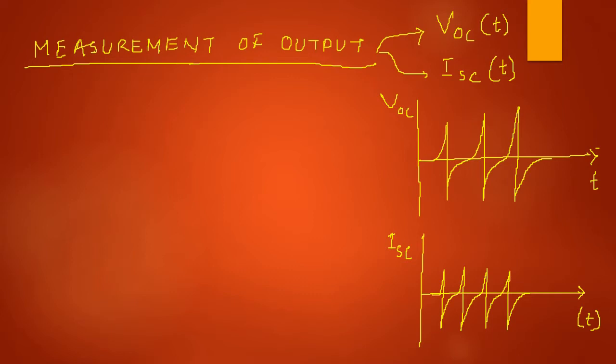Also, for a useful implementation of the harvested energy, it's quite simple that the device cannot operate at open circuit, but there has to be a load which must be connected.